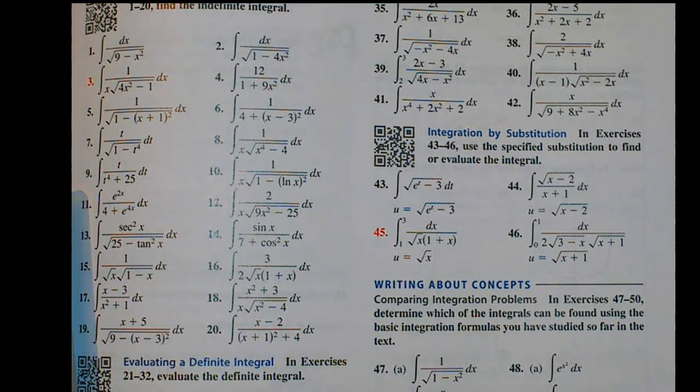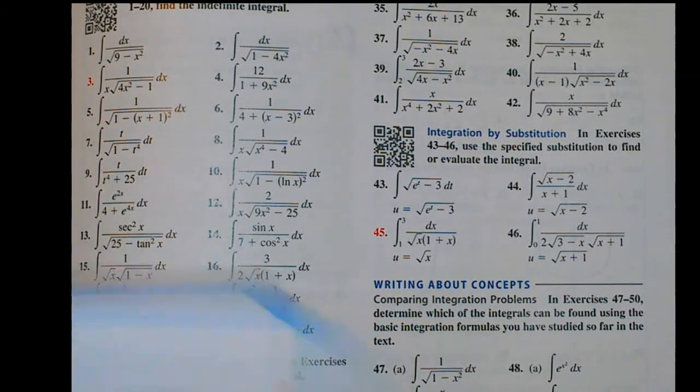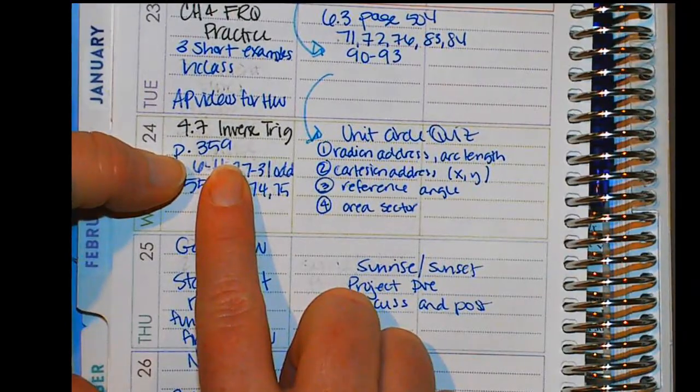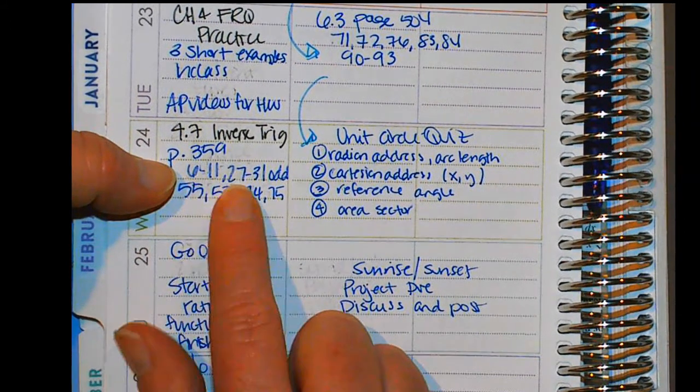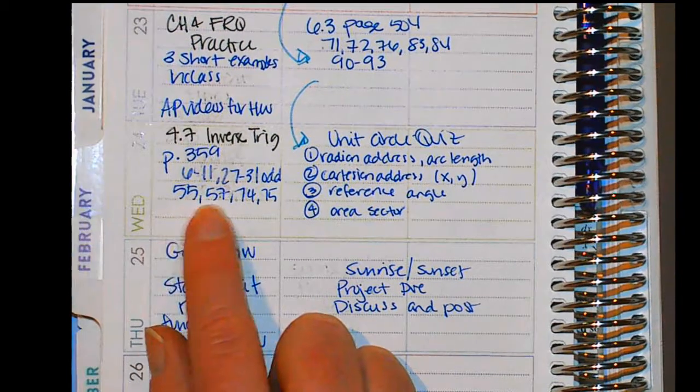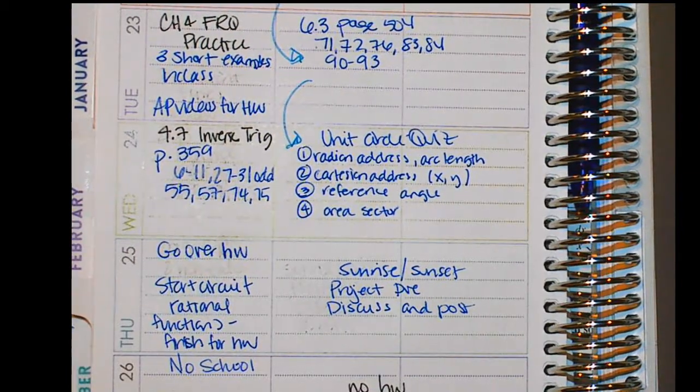And then these problems, 55, 57, 74, and 75. So once again, it is page 359, 6 through 11, 27 through 31 odd, 55, 57, 74, and 75.